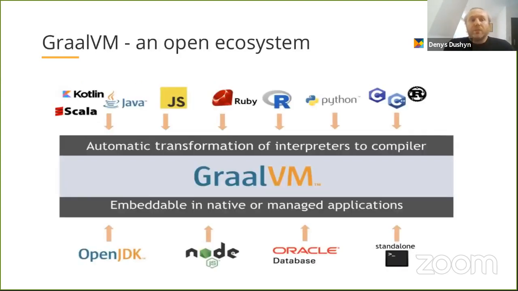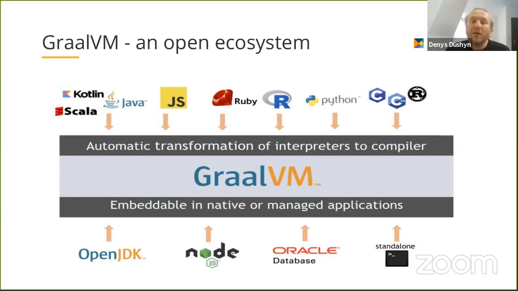I would like to make a little introduction to this ecosystem, Graal virtual machine, because it's a big ecosystem. At the heart of this platform is Graal virtual machine. It is based on OpenJDK. That's why all applications that you can run on OpenJDK, it is possible to run on this platform.